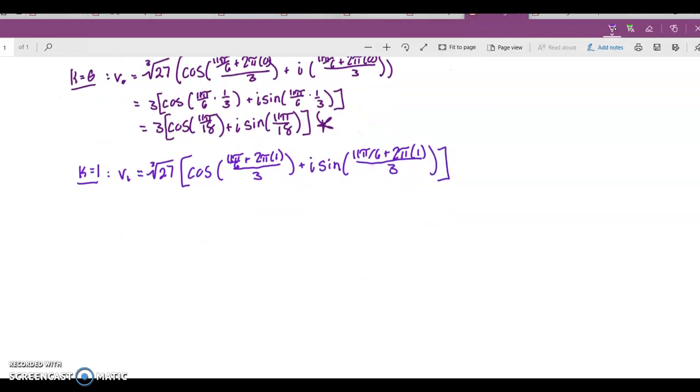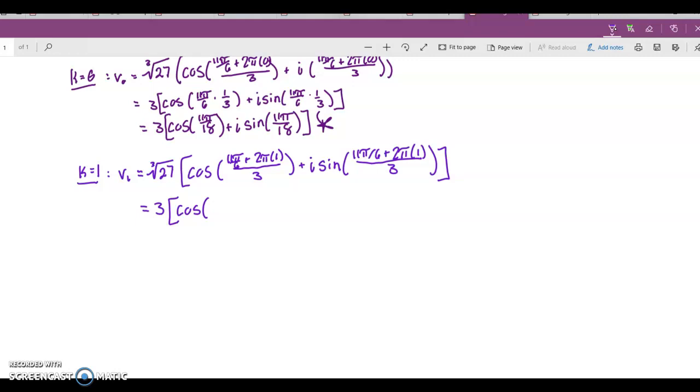Same thing, we've got to do some simplification inside our parentheses. The cube root of 27 is still 3. Then for the cosine of 11 pi over 6 plus 2 pi, remember to add these we need a common denominator.